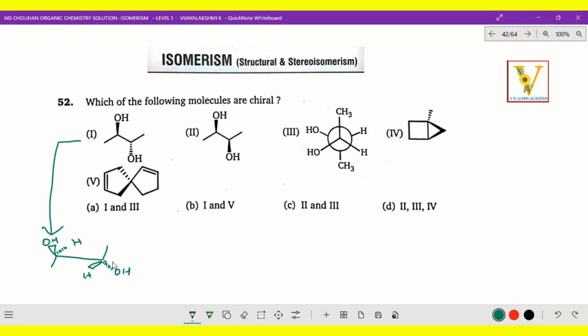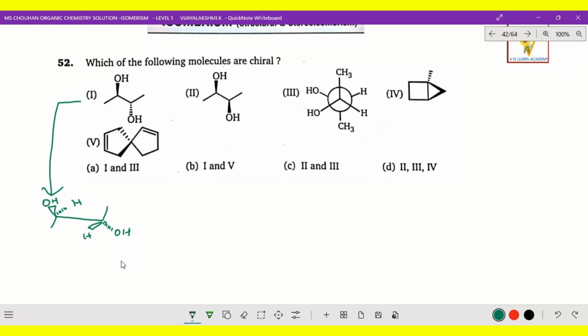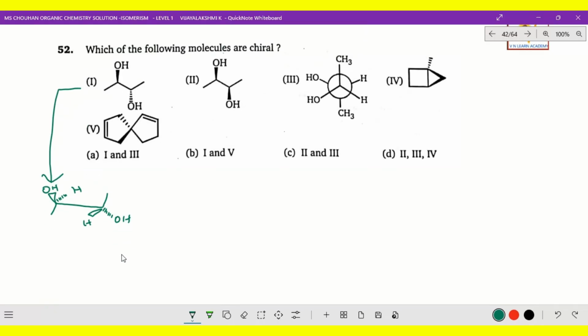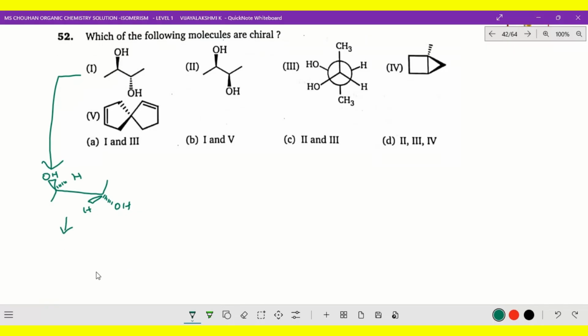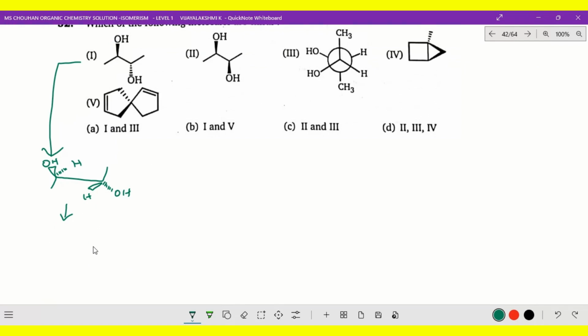Now, how to identify? Another point I bring to you: Newman's projection. How do we go for it? Circle and dot. The circle is the back carbon, the dot is the front carbon. For the front carbon, I put it like this: OH, H and CH3.